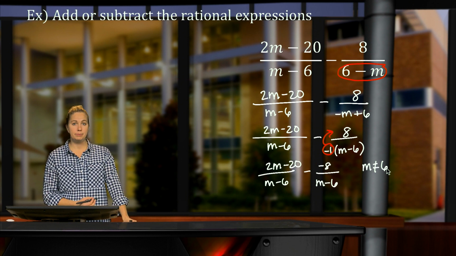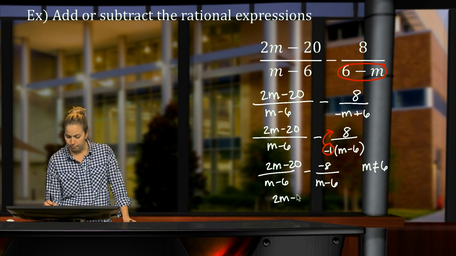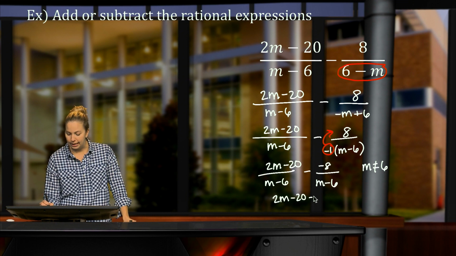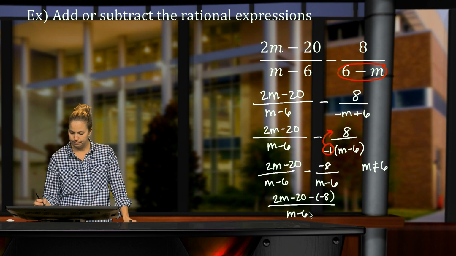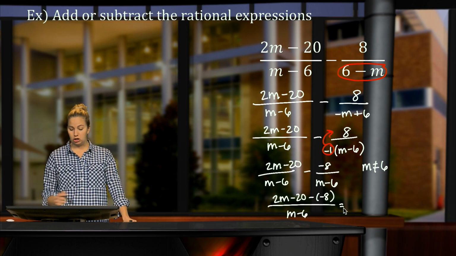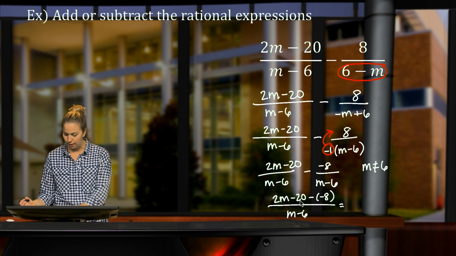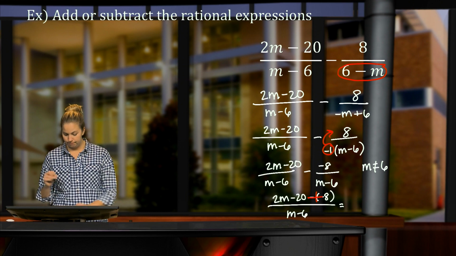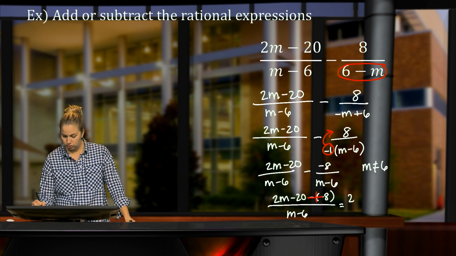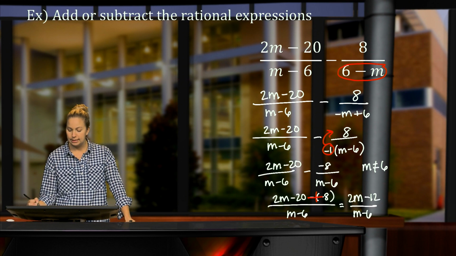And because we have the same denominator, we can go ahead and combine our numerators. 2m minus 20 minus negative 8 over m minus 6. Combining like terms, the negative 20 minus negative 8, when I subtract a negative, that's the same as addition. So this is the same as negative 20 plus 8. 2m minus 12 over m minus 6.